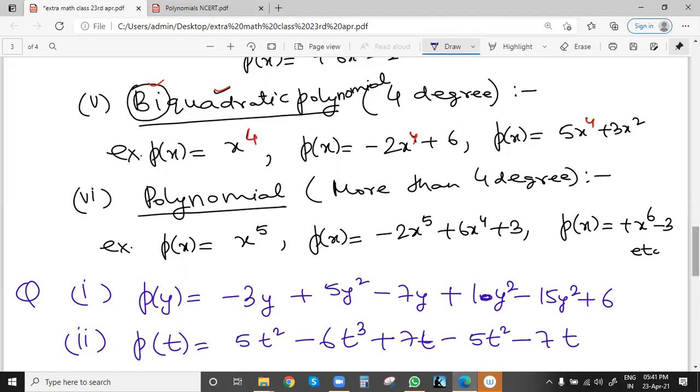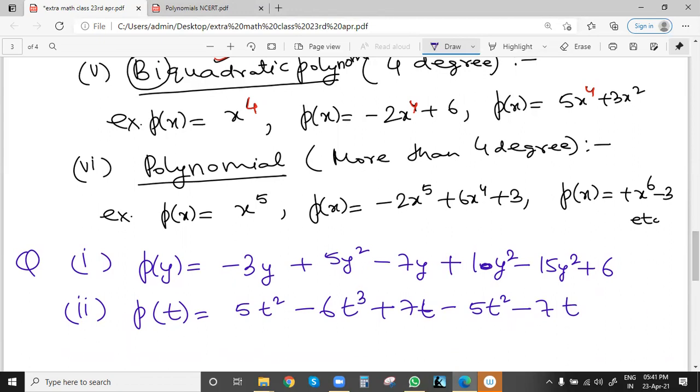What are the answers for these questions? For the second one, it is a polynomial, sir.